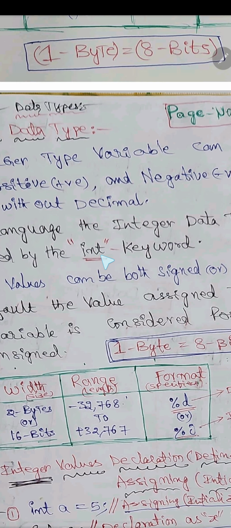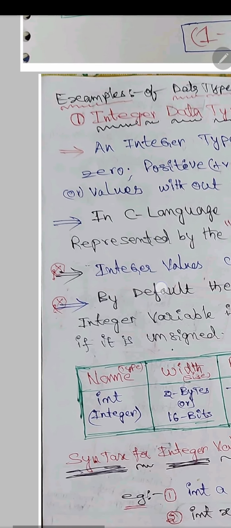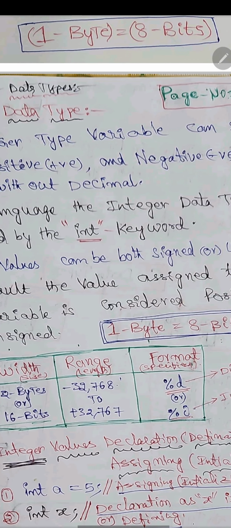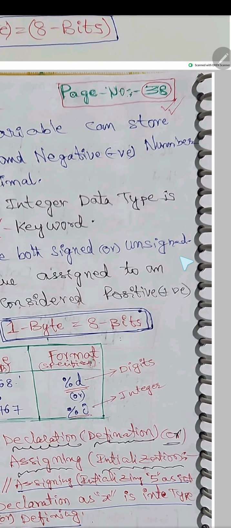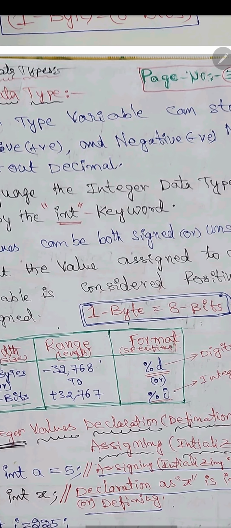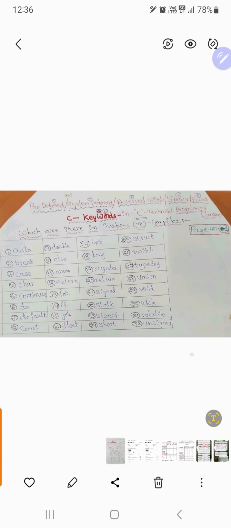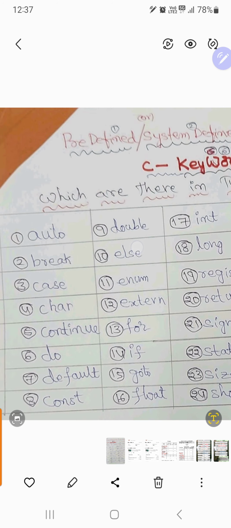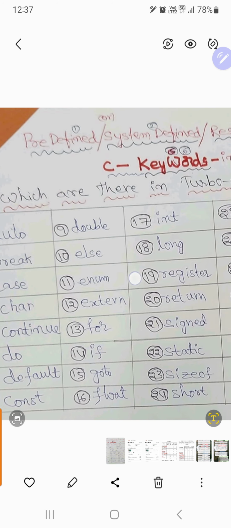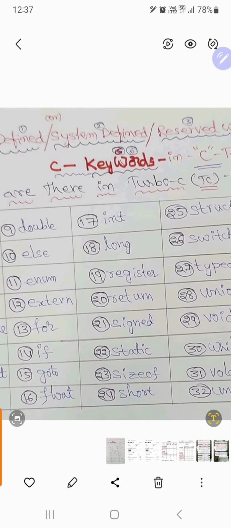Int is the keyword. I already told you we have 32 keywords, and one of them is int. Integer values can be both signed and unsigned. I will show you the keywords.